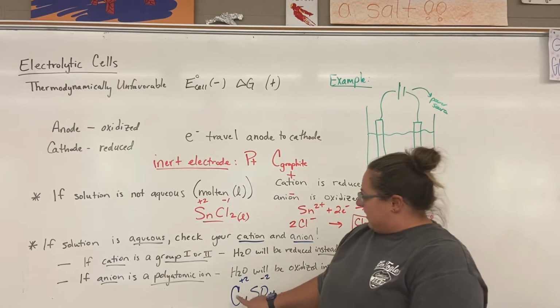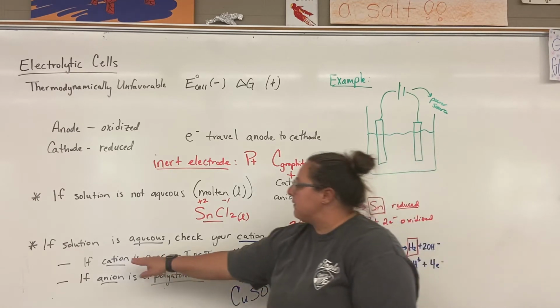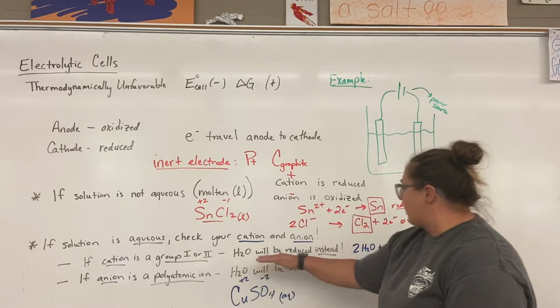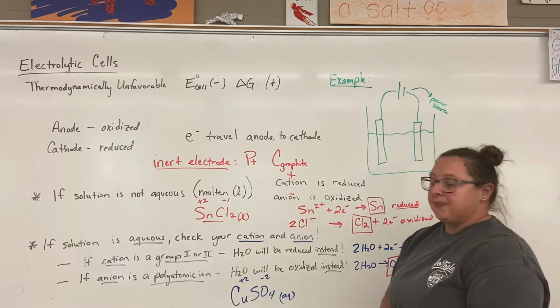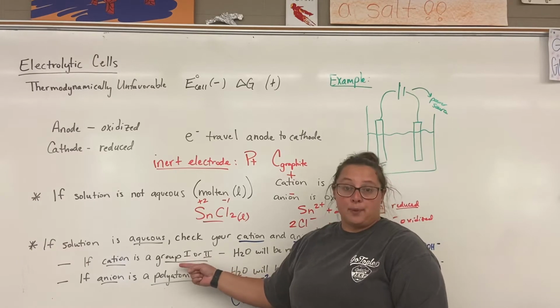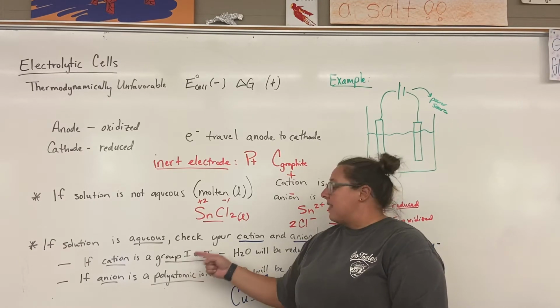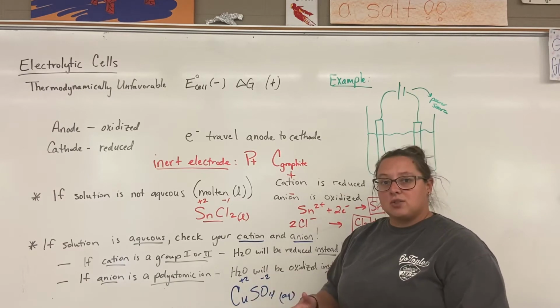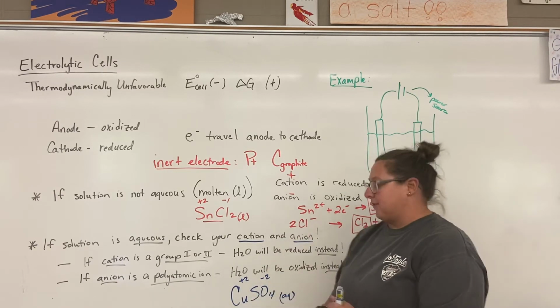So the rule says, looking at copper, if your cation is a group 1 or 2, water will be reduced instead. Copper is not a group 1 or group 2. So what does that mean? That means that copper will actually be the species reduced. So let's write our half reaction there.